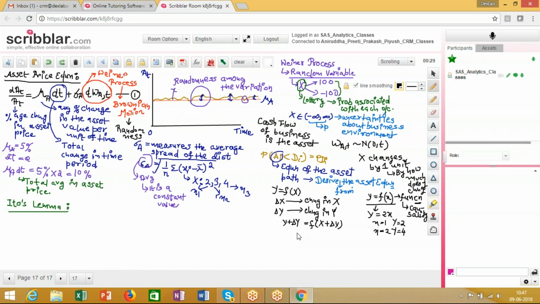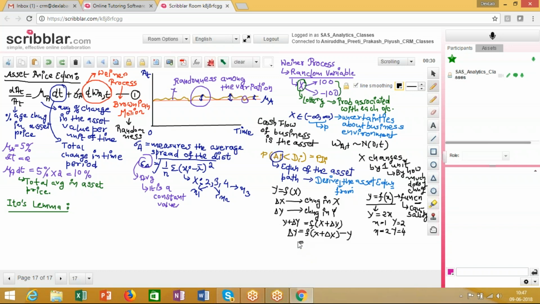So now what is the corresponding change in y? How do I identify that? The change in y is nothing but delta y. This is f of x plus delta x minus y.